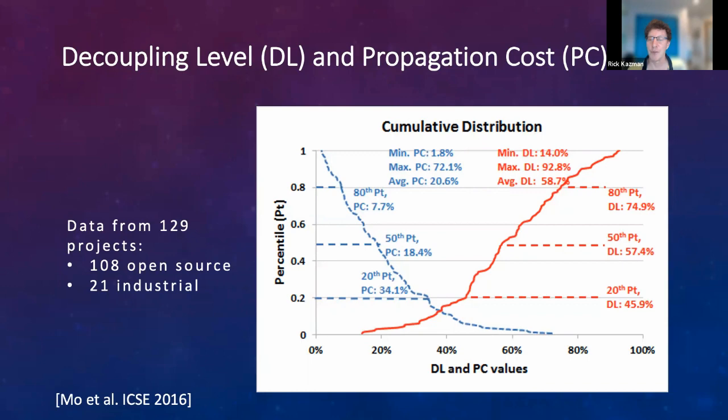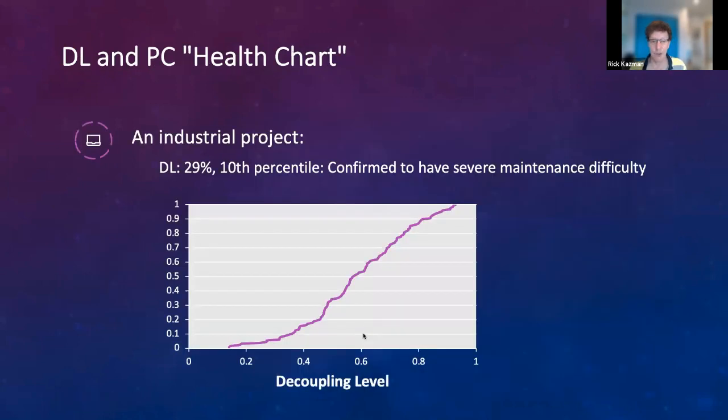So the higher the number, the more decoupled the project is. And so over these 129 projects, you see an enormous range in the decoupling levels, from some projects that are horrible down at under 20%, which means basically you can't change anything without affecting some other parts of the system, to projects that are really nicely structured.